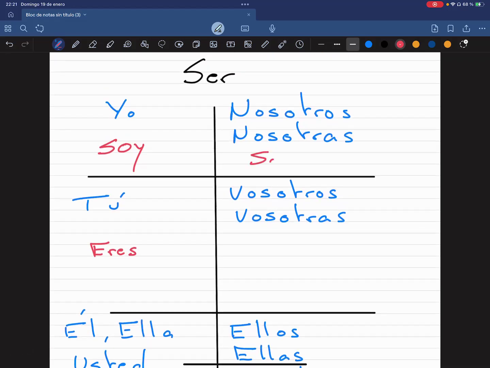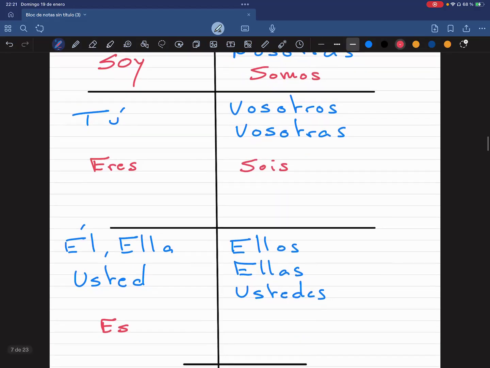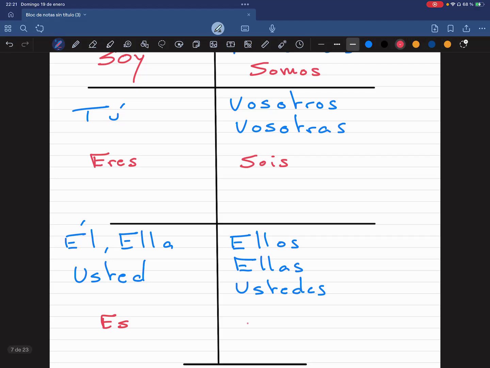Nosotros somos. Vosotros sois. And finally, ellos o ellas o ustedes son.